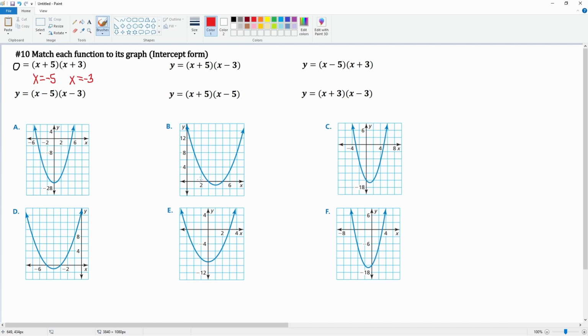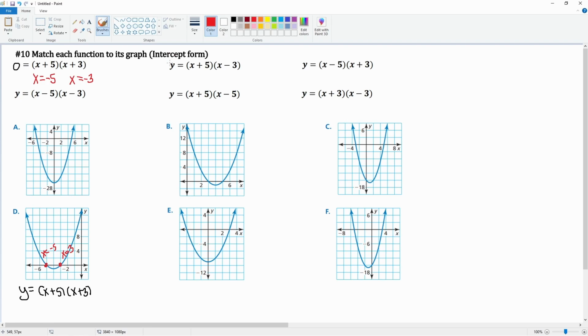This is 1, 2, 3, nope. -5, -3, they're both negatives. Let's see if this is right. -3 and -5. It would be this one right here. X is equal to -5 and x is equal to -3. So this one would be the equation y is equal to (x + 5)(x + 3).